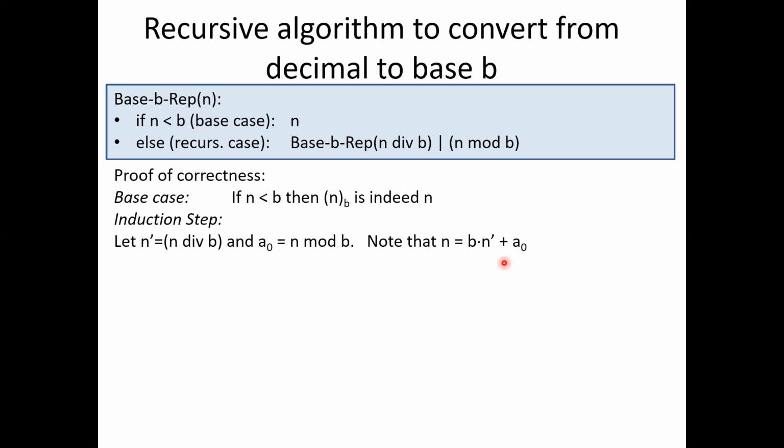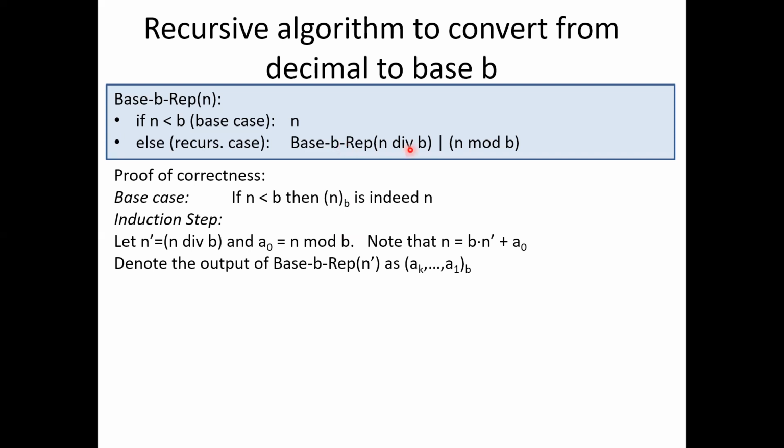So this is true. And now assume by induction that this base b call was correct. So the base b representation that this algorithm returns is correct. That's the beauty of induction, right? We don't have to argue this, we just assume that the recursive call was good.